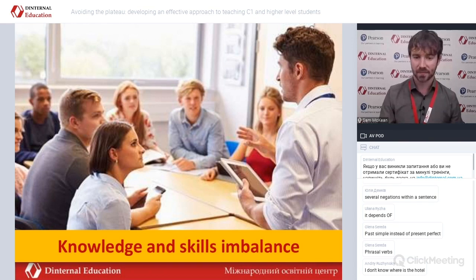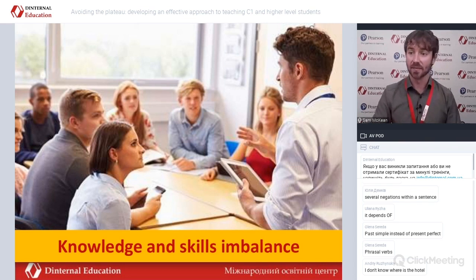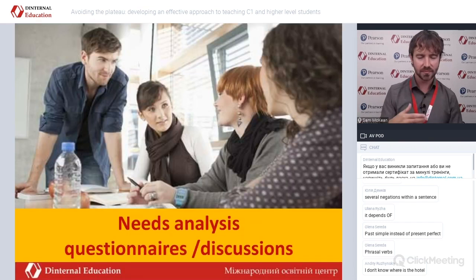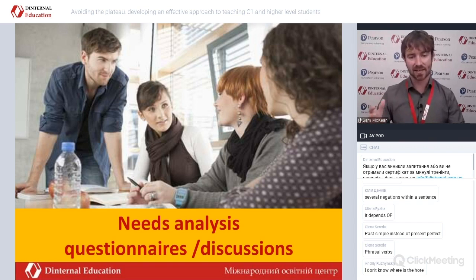So we know that it is our responsibility to find these areas where our students are weaker and to address the imbalance. So we already know that through formative assessment in the form of tests and homework, and also informal observations in the classroom, we can find out which areas our students need to develop. However, another important tool that we can use to do that is needs analysis questionnaires and informal discussions with our students.